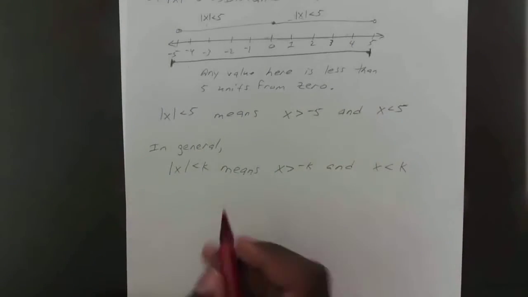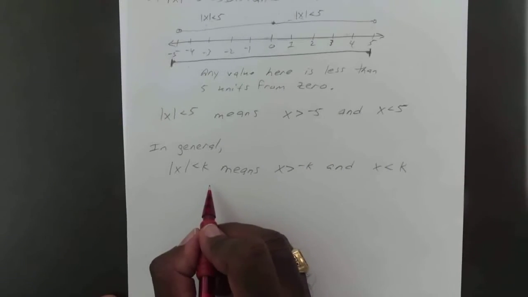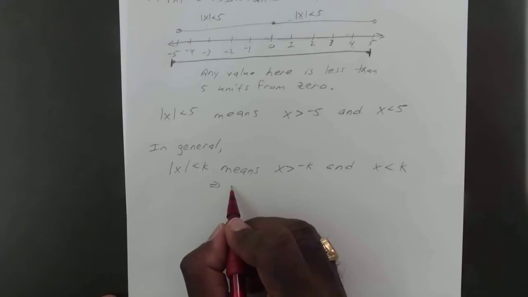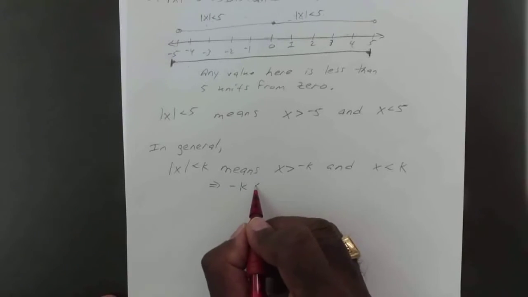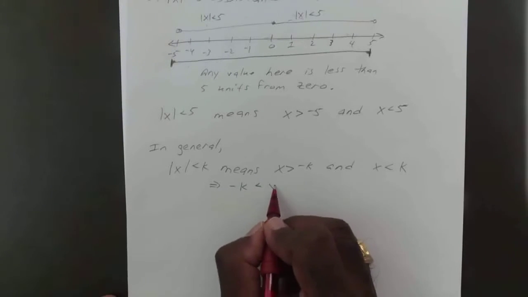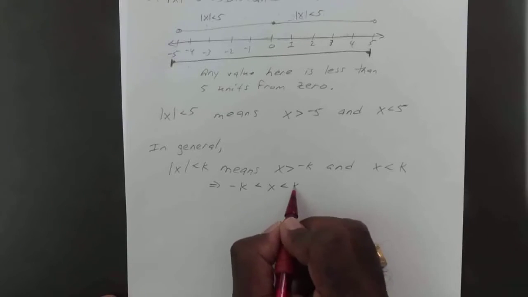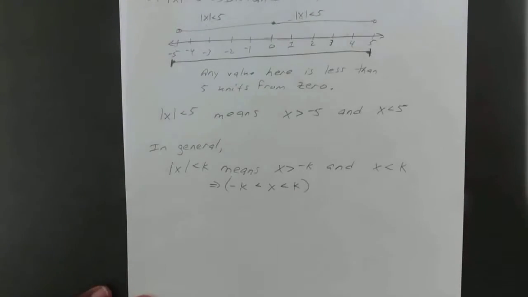Okay. You can also rewrite that as -k is less than x is less than k.